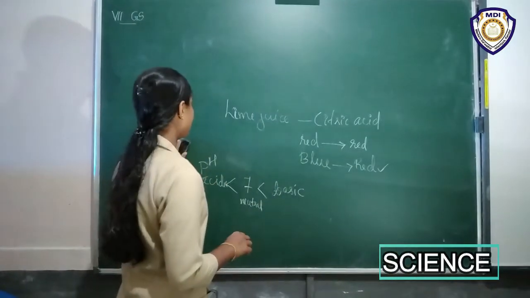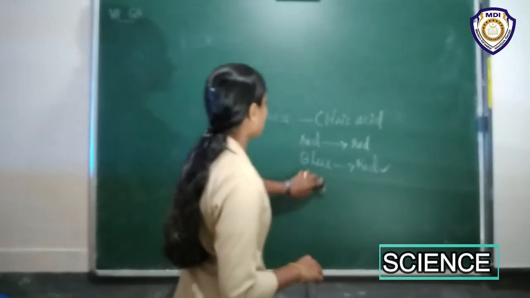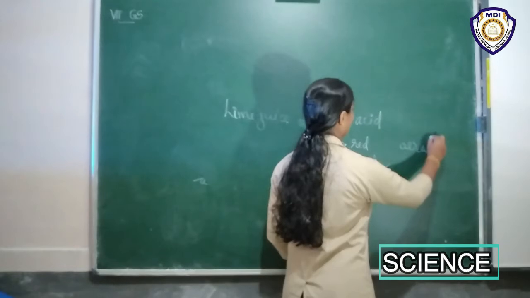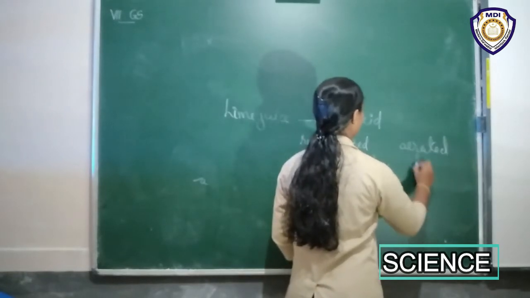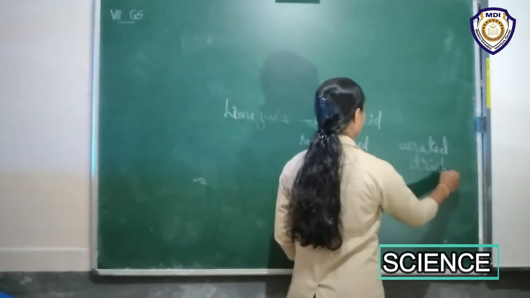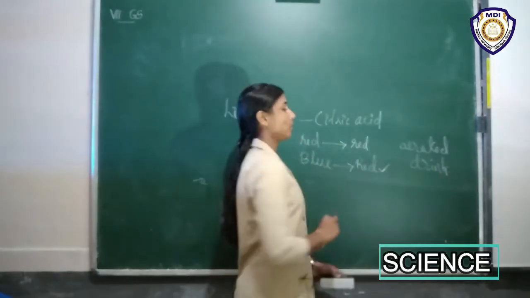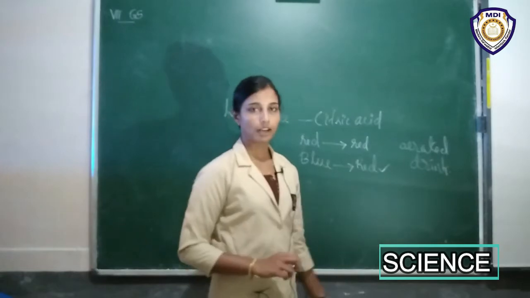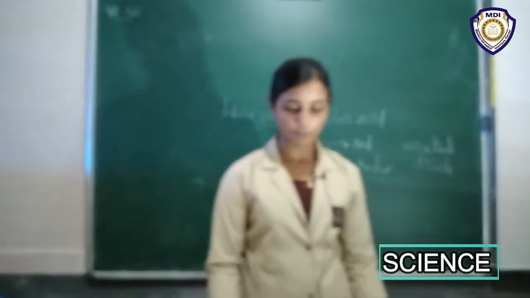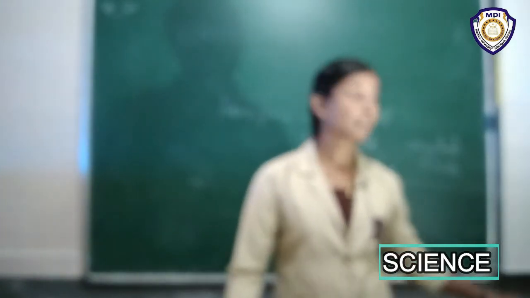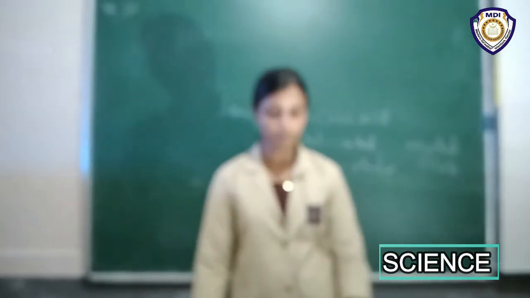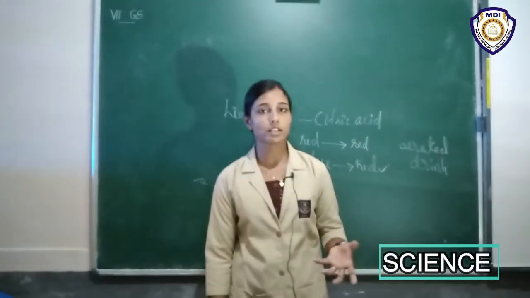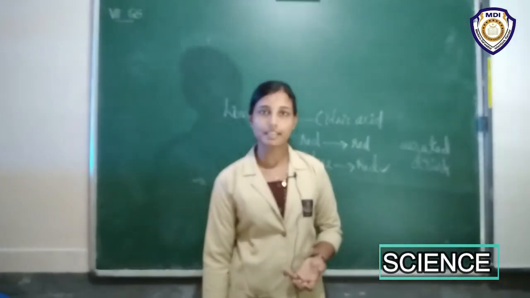So what can we say? An aerated drink is acidic in nature. That means blue litmus will change its color into red, and red will remain red. So the inference is that an aerated drink is acidic. And what about soap solution? You know that soap solution is basic in nature, right?